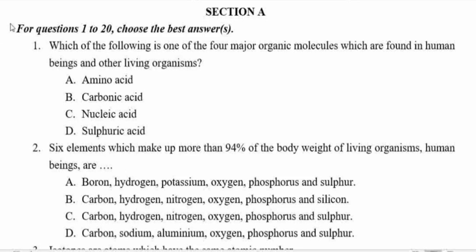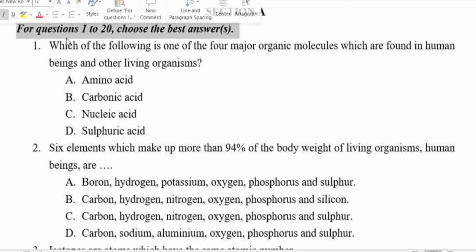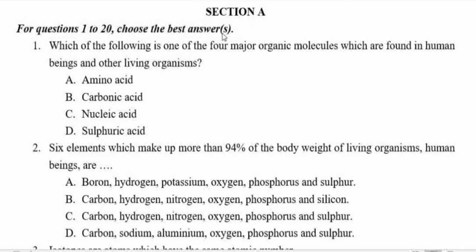The instruction is simple. It says that for questions 1 to 20, choose the best answer, then in brackets, S. Sometimes if you are under pressure or if you are the type who do not pay attention to details, you will not see the S.